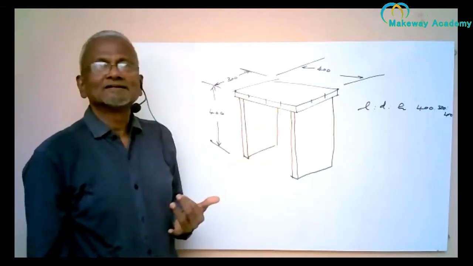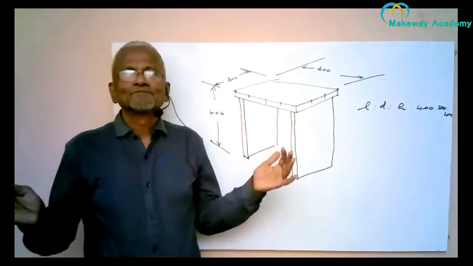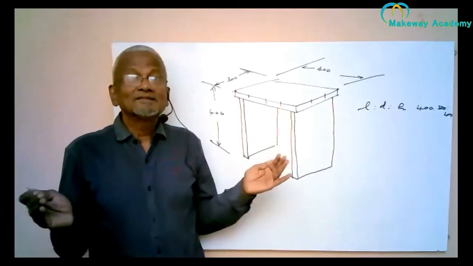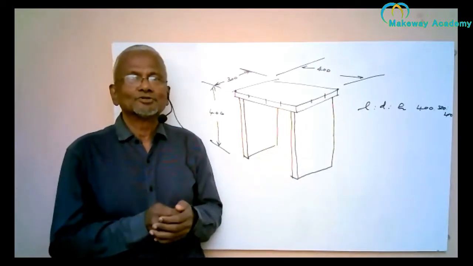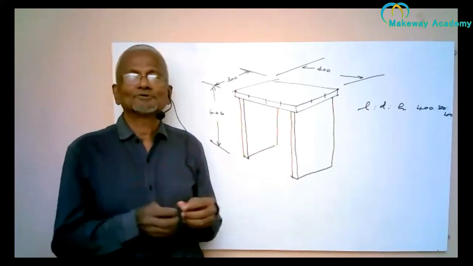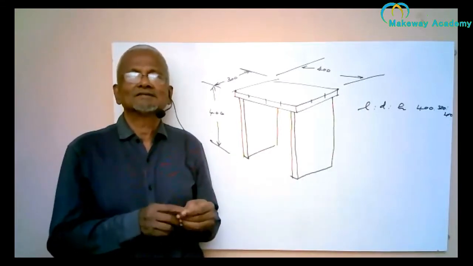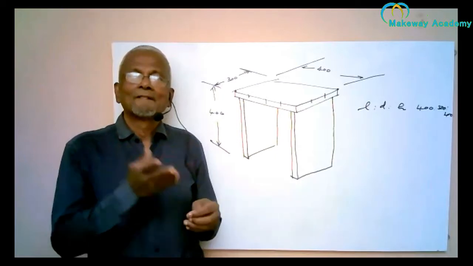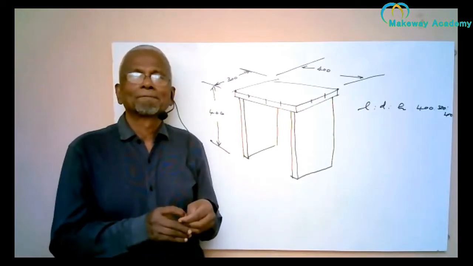A lot of other materials can be used. And then the method in which they are joined, you can use a number of other methods. You can glue them together. You can use fasteners. You can use clamps.